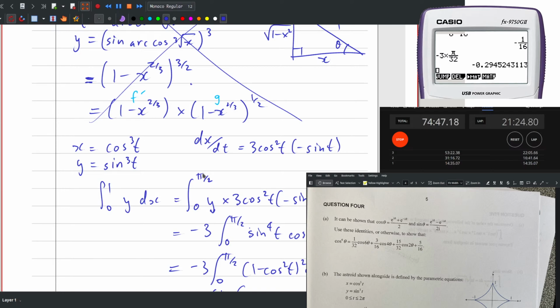So when we did the substitution, that's one thing to check. Right, because cos of 0 is 1, and then cos of pi on 2 is 0, right? So it should actually be the other way around.